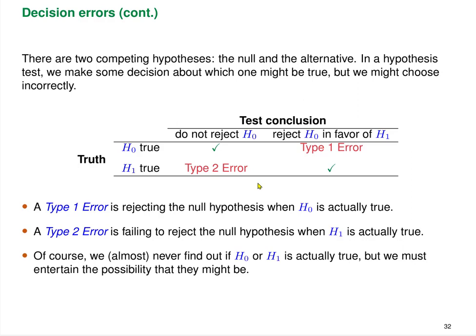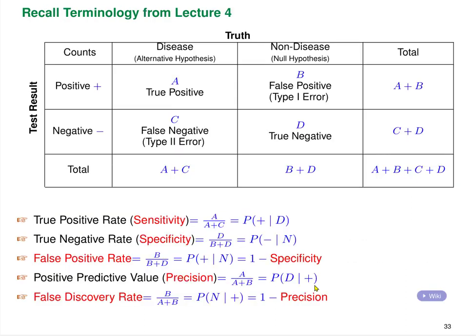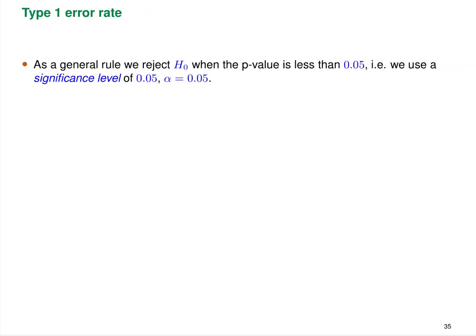Of course, we almost never find out if the null or the alternative is actually true, but we must entertain the possibility that they might be. In fact, if you recall our lecture 4, we have seen these 2 types of errors in the medical test context.